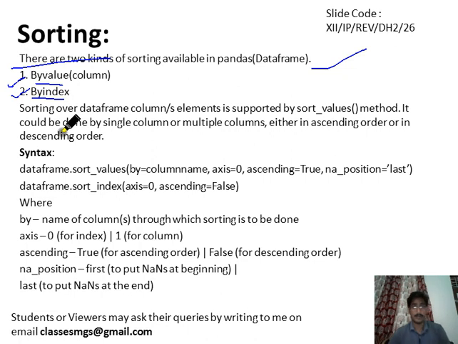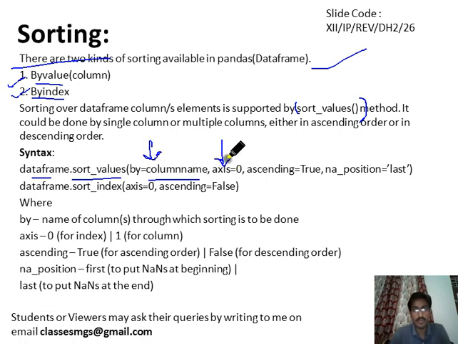Let me tell you what functions are available to sort the data frame by value. We have the sort_values method available, and it takes certain arguments. We will discuss one by one. DataFrame.sort_values will take the first argument by, which will contain the column by which you want to apply the sorting.